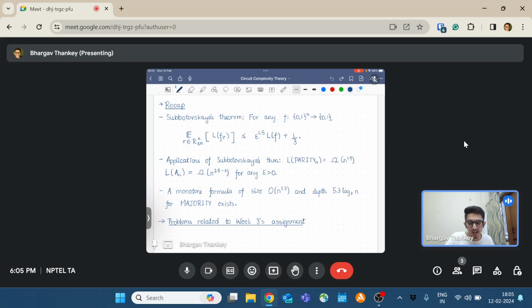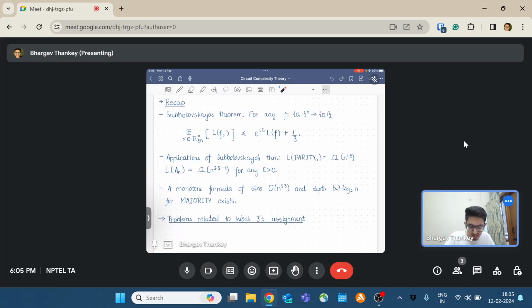In one of the problems last week, we also saw that both of those techniques cannot give you anything better than quadratic. So Subotovskaya's theorem is strictly more powerful in this sense, that it can give you better lower bounds than quadratic.